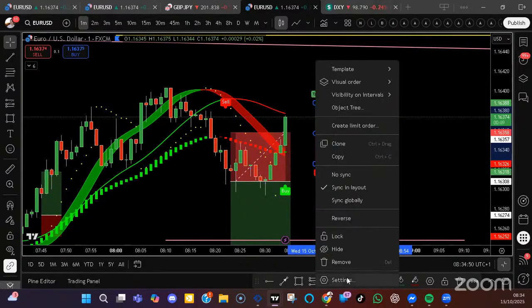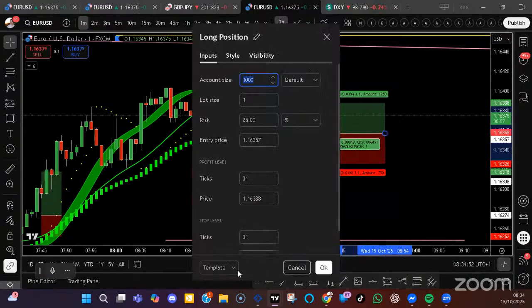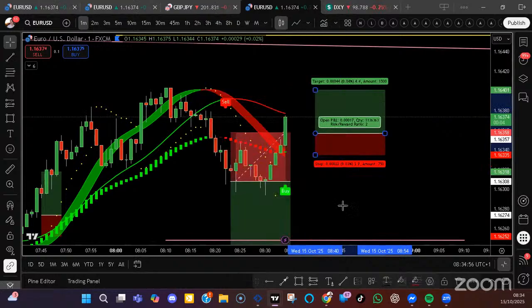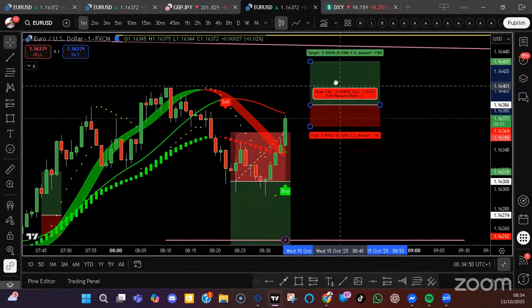So settings, buy. Okay, so this is the scenario.